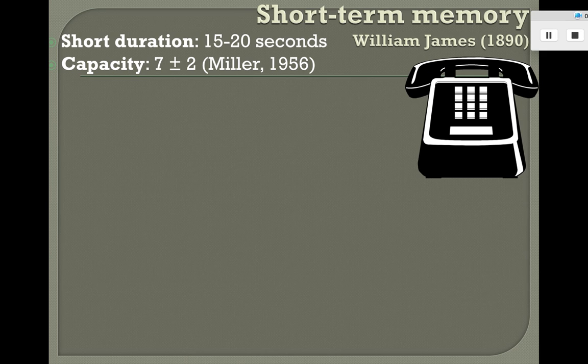Essentially, what George Miller proposed is that we as normal human individuals have the ability to process about 7 plus or minus 2 units. What does that mean, 7 plus or minus 2 units? Think of a phone number. Let's say, for instance, your phone number is 210-245-3222, right? Here, what George Miller would propose is the following.